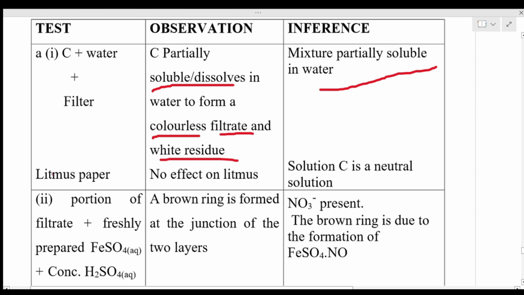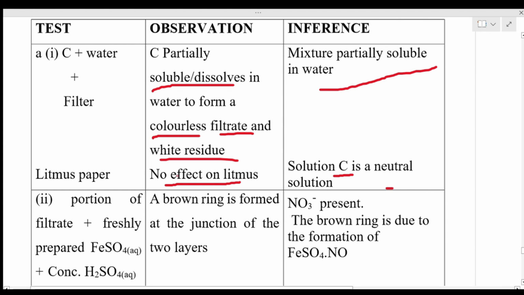Now this one, if you are asked to test with litmus paper, we realize that there is no effect on litmus paper, and solution C is neutral to litmus. Let me remind you, please don't say C is neutral to litmus if they ask you. Say solution C, because you have already dissolved it. Since it has been dissolved, of course, it is now a solution. It is no more C.